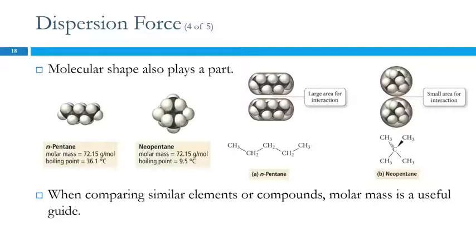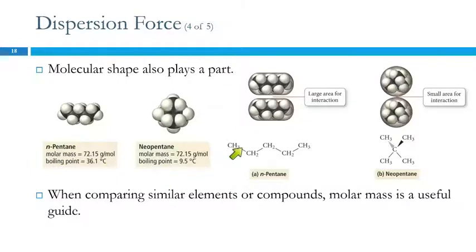If we're talking about molecules, the size of the molecule matters, but the shape also matters. So here we can look at two different isomers of pentane. These have exactly the same molar mass, 72.15, because they have the same number of carbon and hydrogen atoms, but they're arranged in a little bit different way.